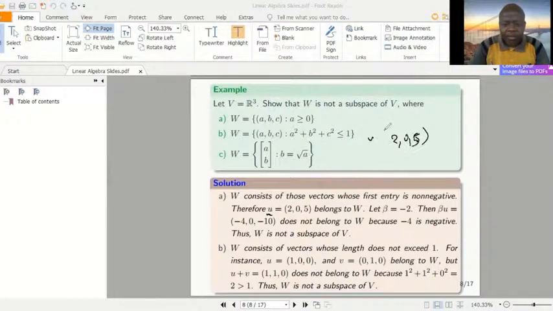This is vector U. And I choose a negative scalar. I choose -2. And I want to see the product, if that product will be in W.